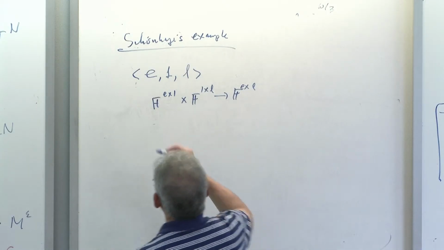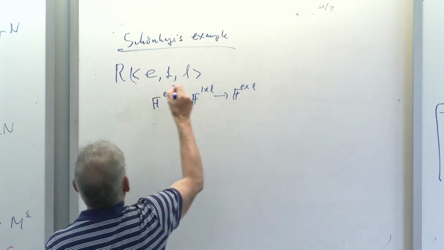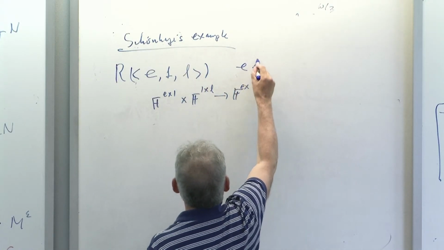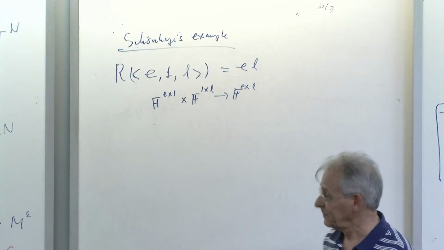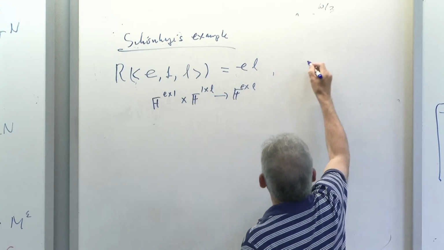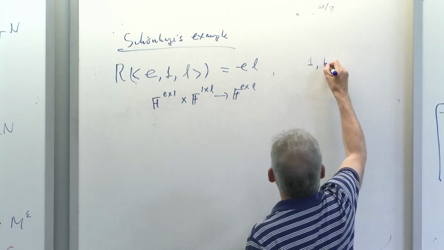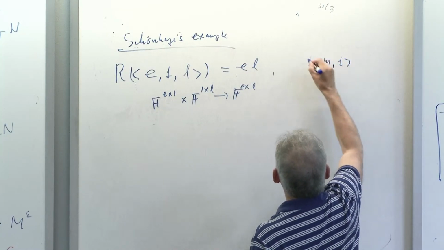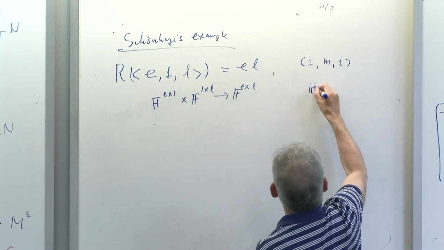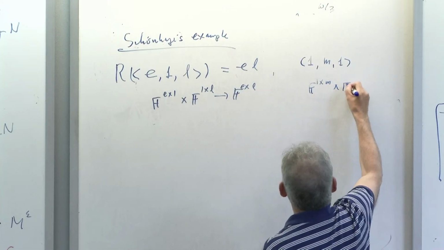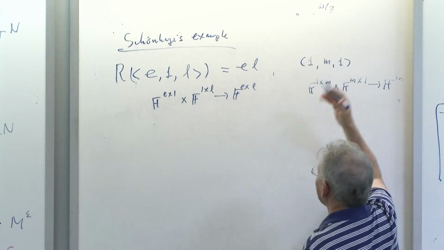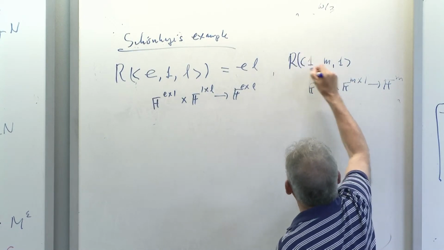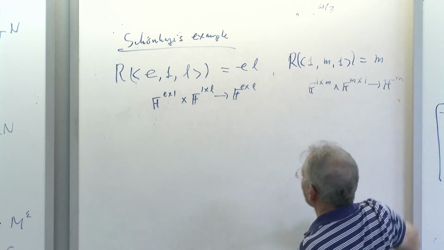The upper bound EL on the rank is obvious and the lower bound follows by conciseness. But this is very simple. How about this, 1, M, 1? This is an inner product, also a matrix multiplication. Clearly, the rank of this is M.